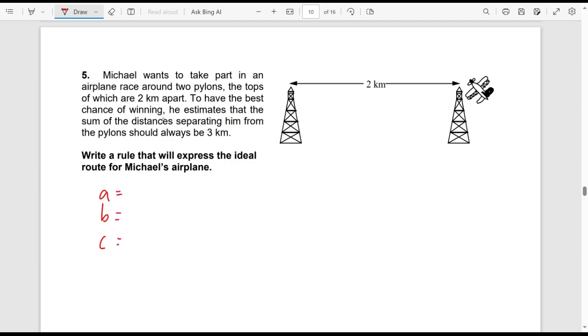To have the best chance of winning, he estimates that the sum of the distance separating him from the pylons should always be 3 kilometers. Okay, so that's an interesting way to kind of phrase that.